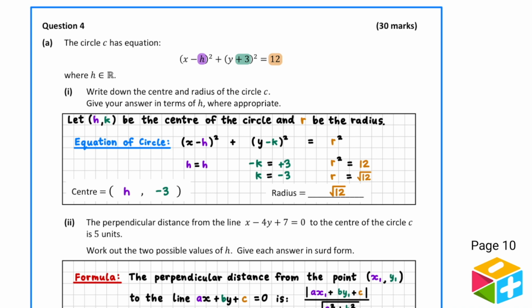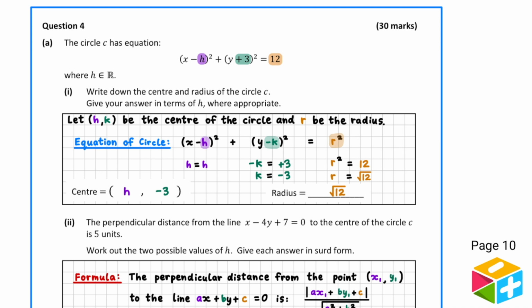Matching this formula with the equation we were given, we have an h in the slot of the h, a plus 3 in the slot of the minus k, and a 12 in the slot of the r squared. This gives us three equations: h is equal to h, minus k is equal to plus 3, and r squared is equal to 12.